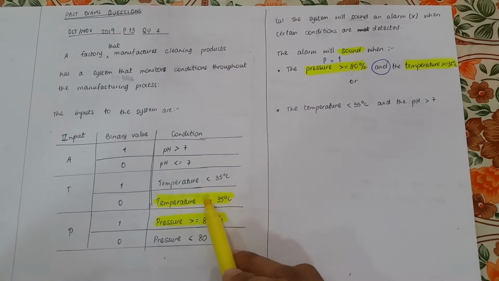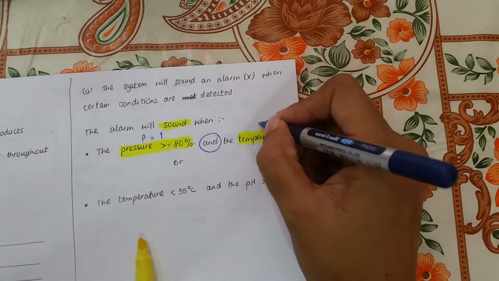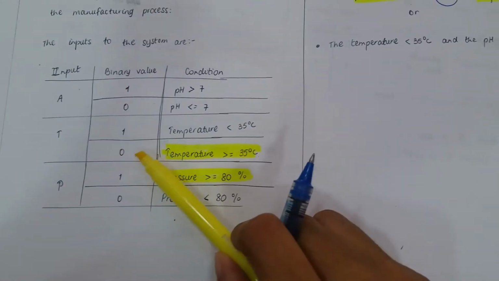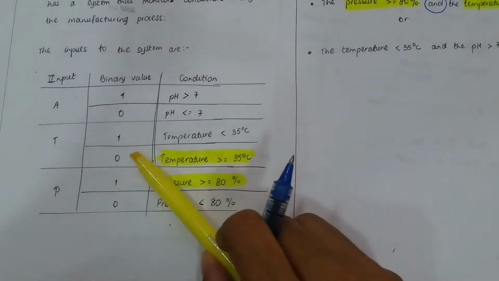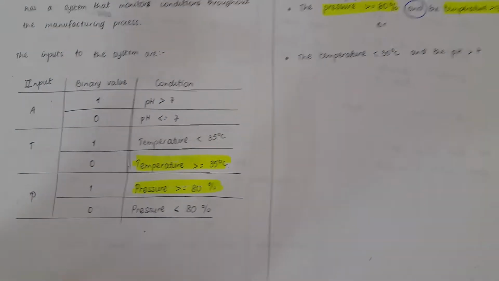This condition happens when T is set to 0. So we put it together in its corresponding binary value. Here again, you have 0 for the input T, which gives temperature greater than 35 degrees Celsius.